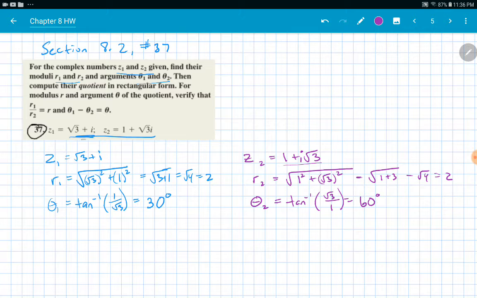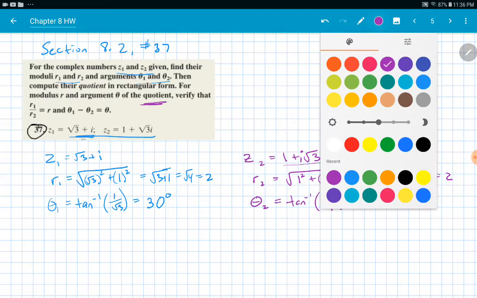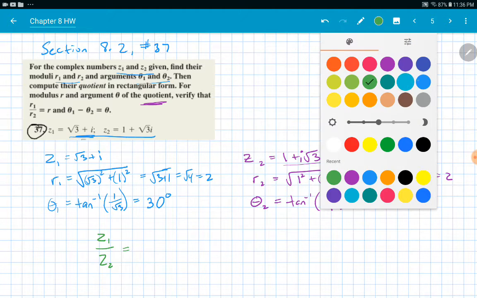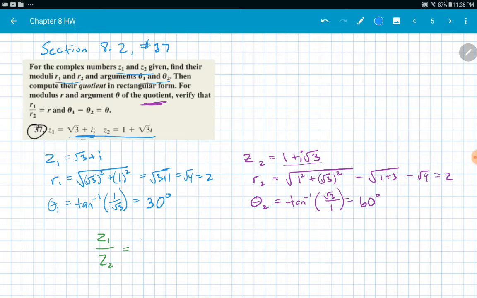And now I need to find the quotient. So let's do a different color for that. Let's do z1 divided by z2 equals r1 over r2, so there's our formula for that.